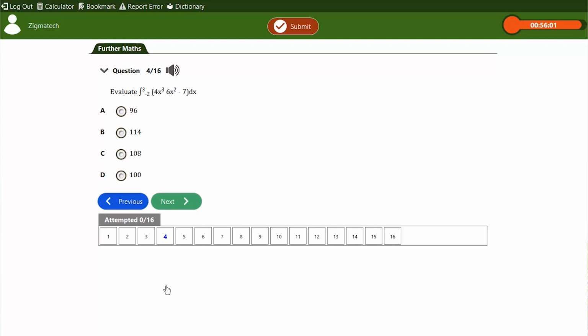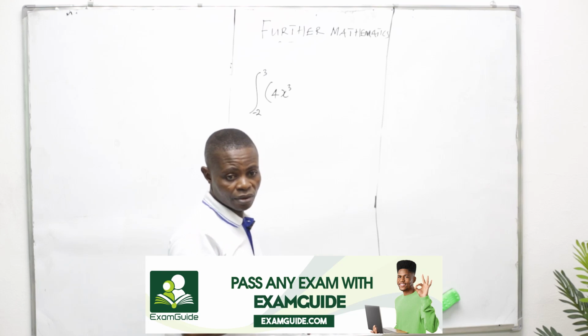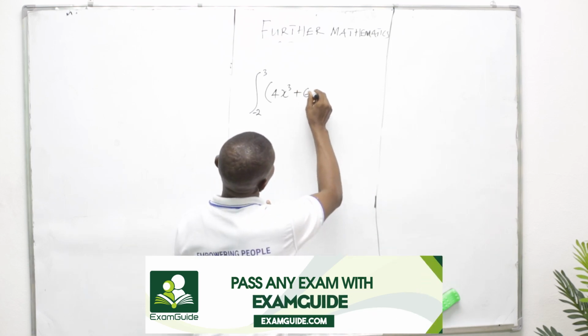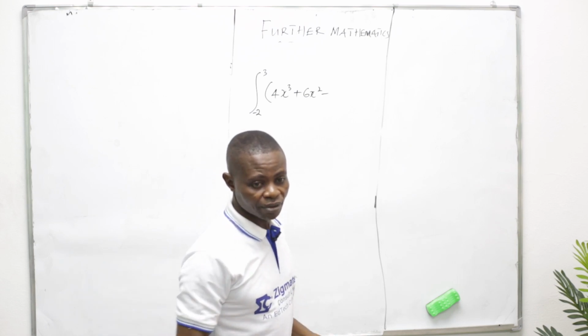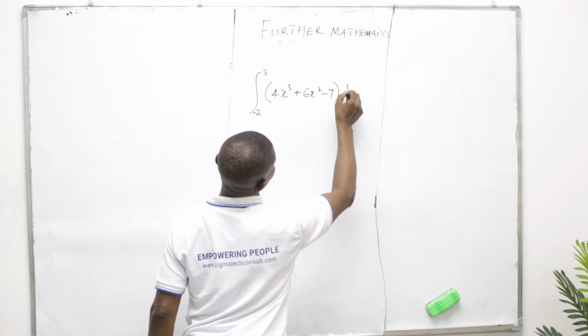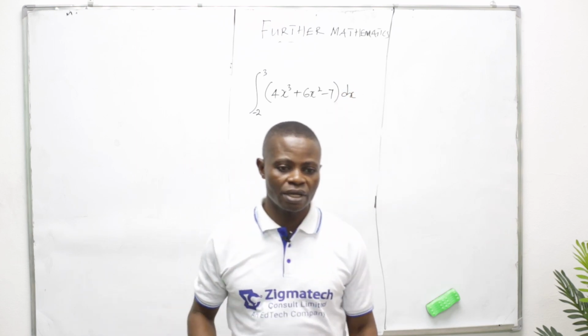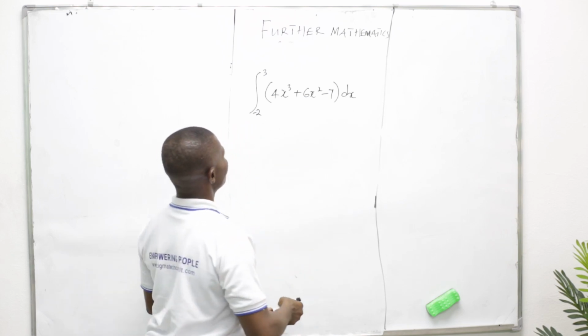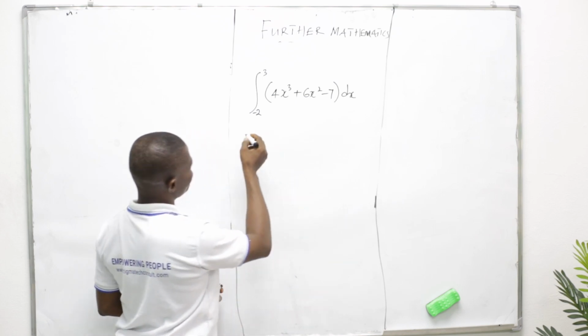Evaluate the integral of 4x cubed plus 6x squared minus 7 dx, with the upper limit 3 and the lower limit minus 2. No sign is shown here, so let us use the plus sign, the operator as plus, to handle the question.